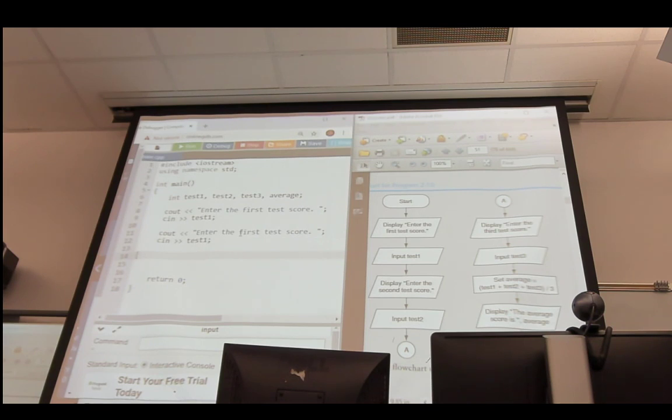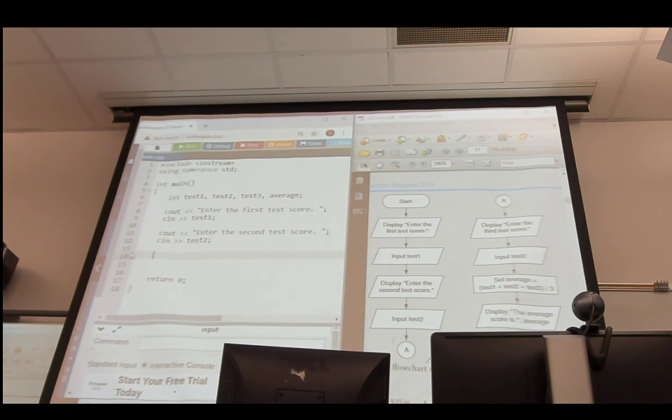So I need to enter the second, and then what? Test2, right? Everybody see that? Because you're basically doing the same thing, but you have to make sure that you modify it to fit. Because you can't have input test1, input test1, input test1, right? For the same person at least.